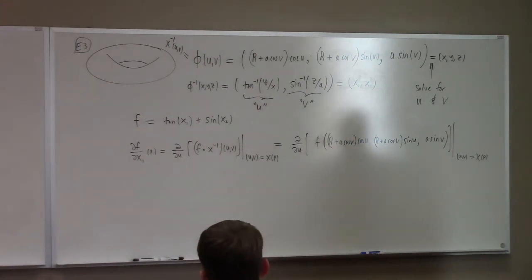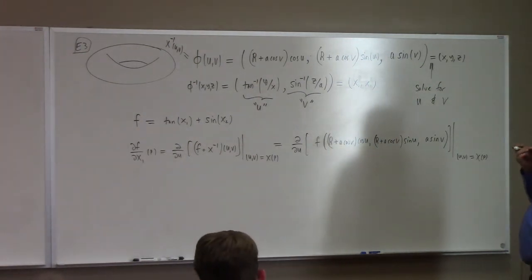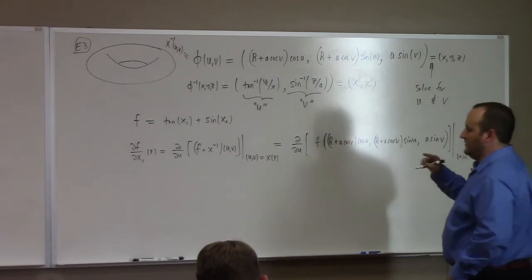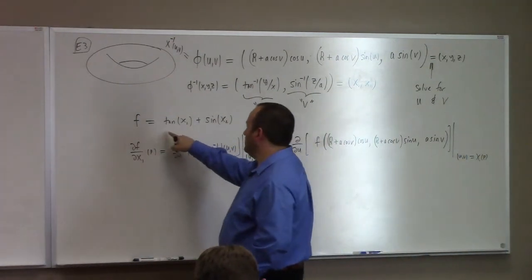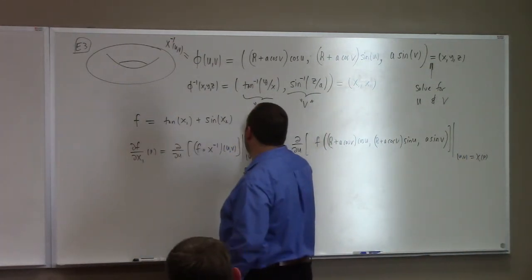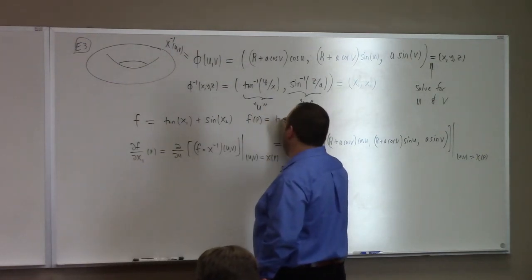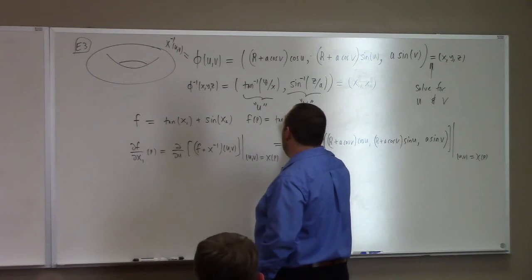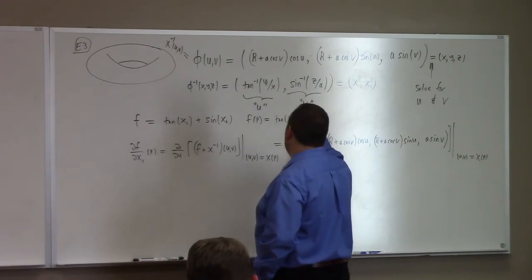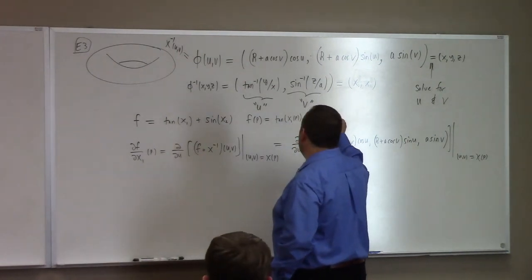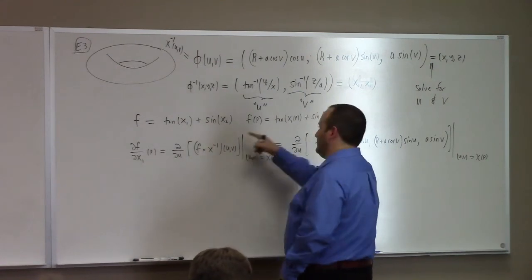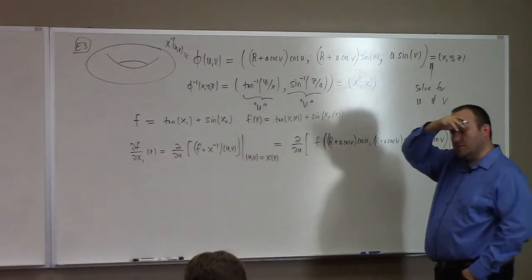All right. Now, so how is f defined, right? Like f of p, what this notation means is f of p is equal to the tangent of x1 of p plus the sine of x2 of p. That's what this notation means.